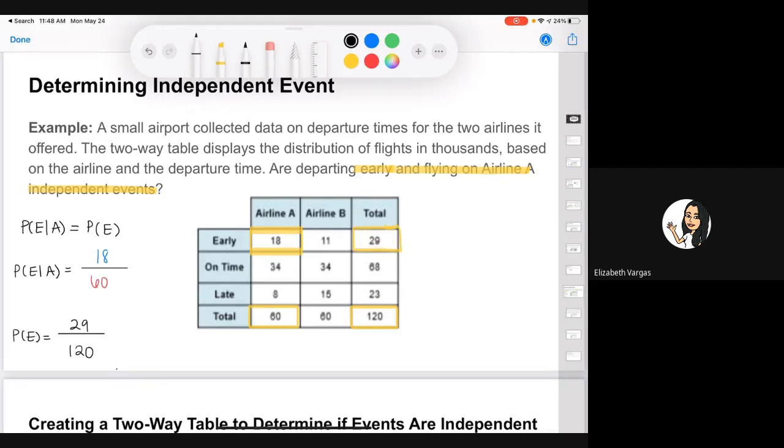Like this. And so I can go ahead and find those probabilities. And what I notice is 30 is not equal to 24. So that means these two events are not independent. In order for them to be independent, they have to be equal to each other.